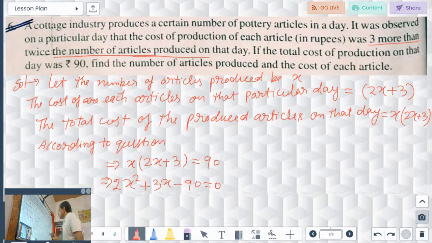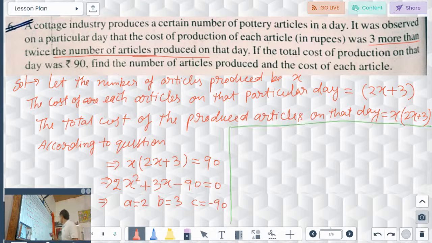Okay, so compare with the standard equation ax square plus bx plus c equal to 0. Now A equal to 2, B equal to 3 and C equal to minus 90.